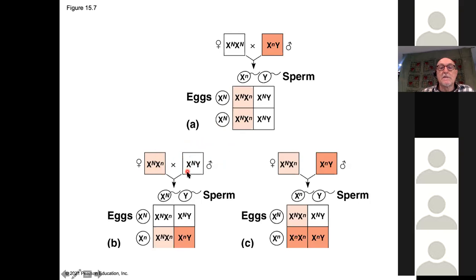Now look what happens. What sperm can he produce? Y, and the normal allele, normal vision. But what does she produce? She produces eggs that are either normal, X^N, or the mutant recessive allele, X^n.